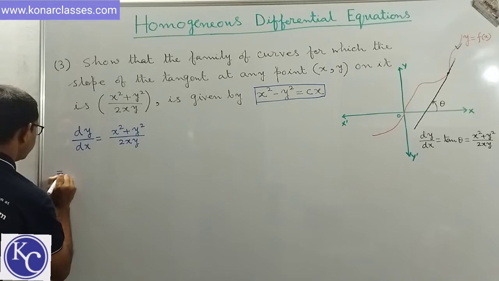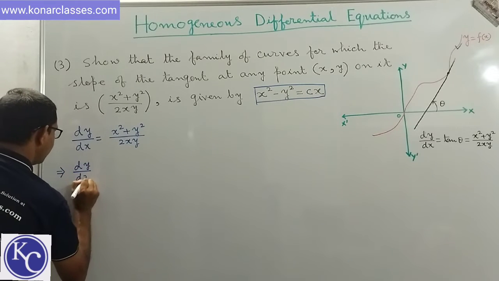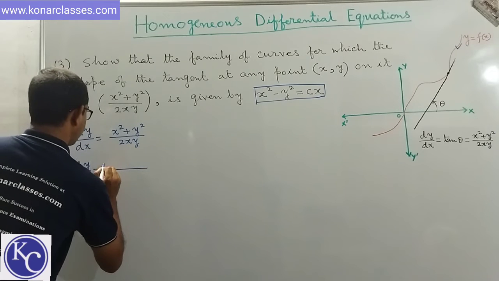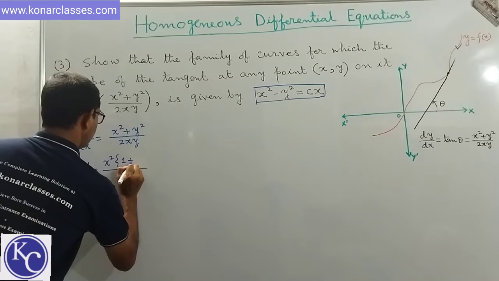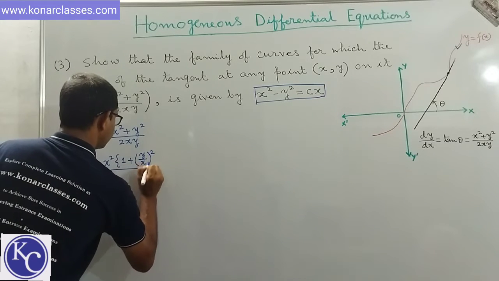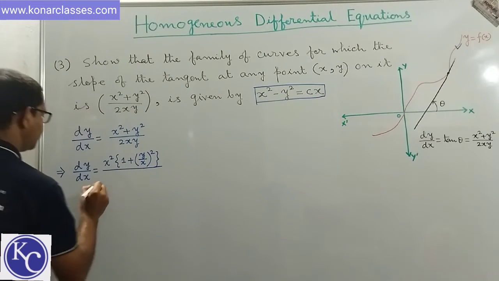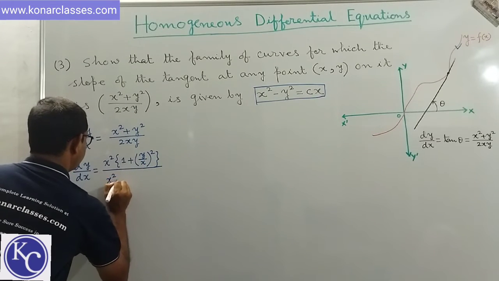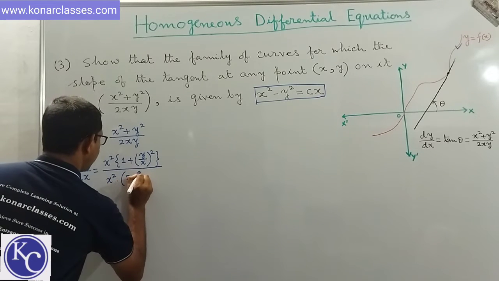So from here we can write, dear students, dy dx is equal to, let's take x square common from the numerator. Then we are going to get 1 plus y by x whole square. And in the denominator also, let's take x square common. We are going to get 2 into y by x.